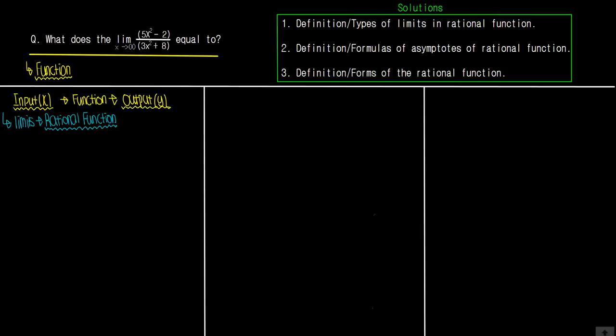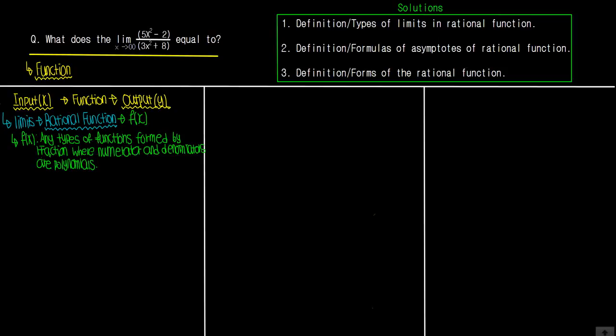So what was the definition of our rational function, which we'll also note as f of x? Our definition of f of x, which we'll call our rational function in this case, is going to be a function. It can be any type of function where it is formed by a fraction.